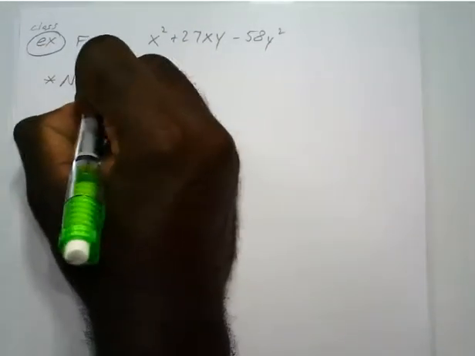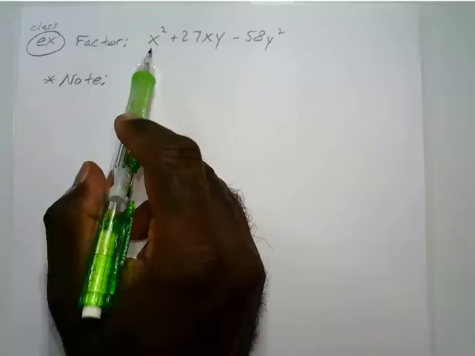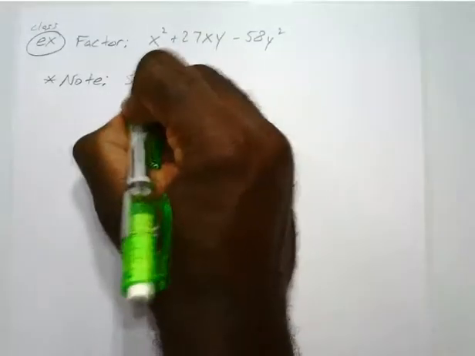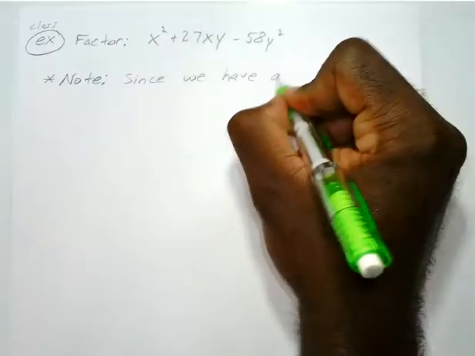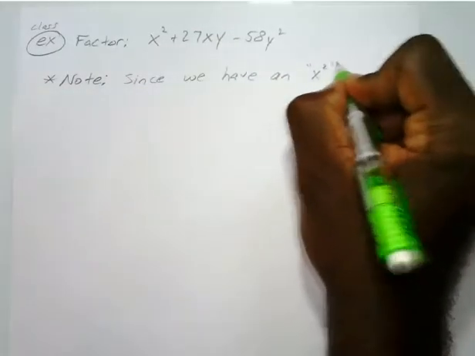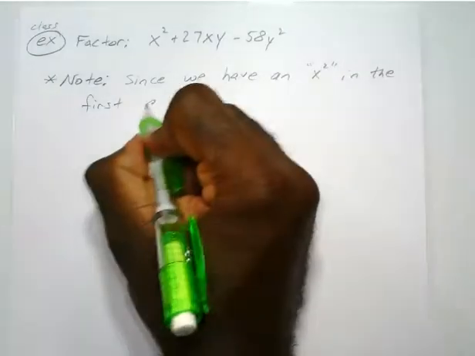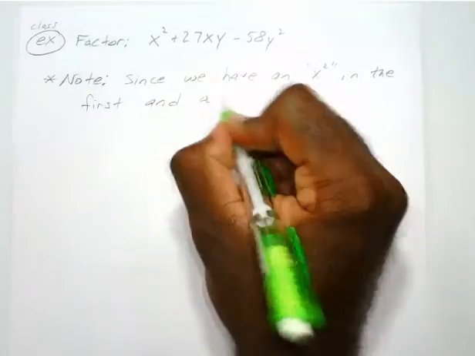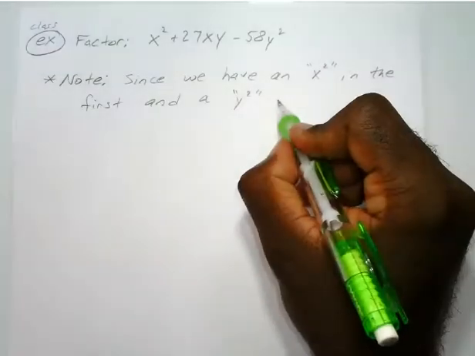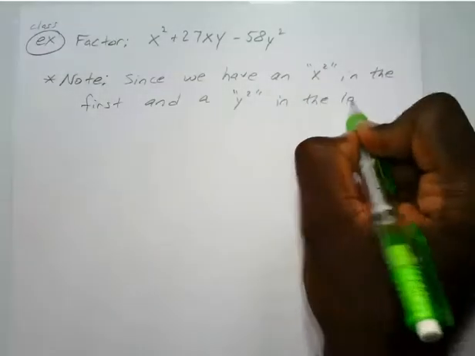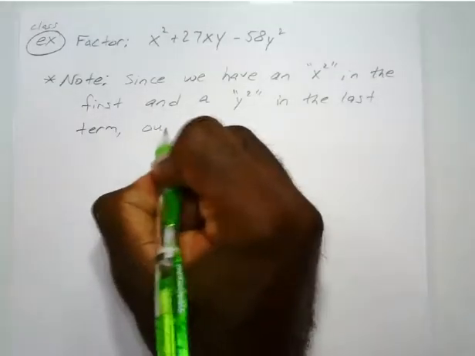But remember, this is just like the previous one. Okay, so we have two variables. So now, since we have an x squared in the first term, and a y squared in the last term, our factor will look like this.